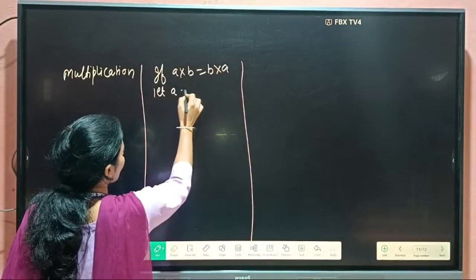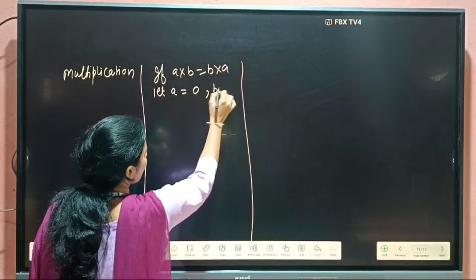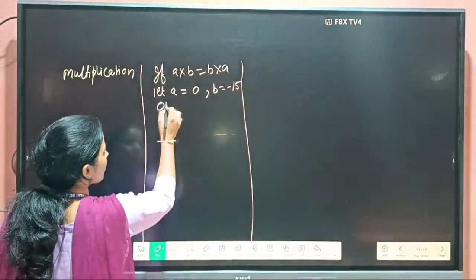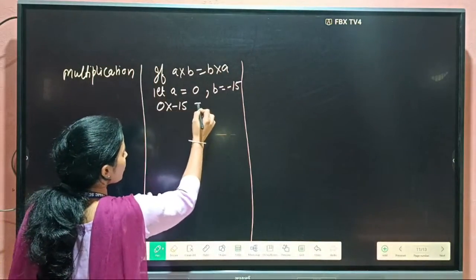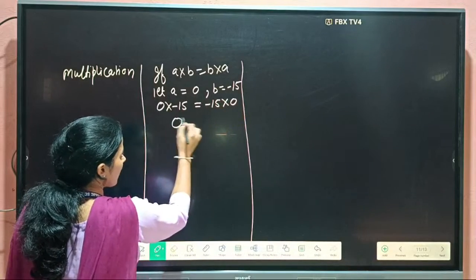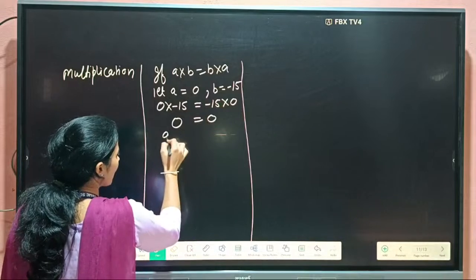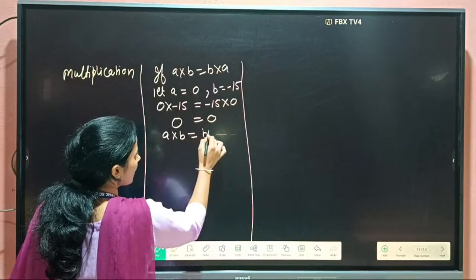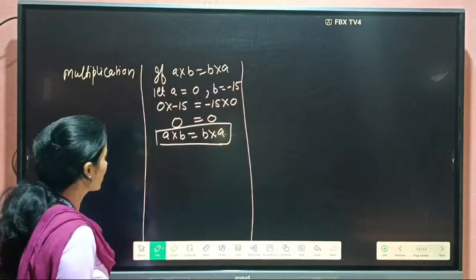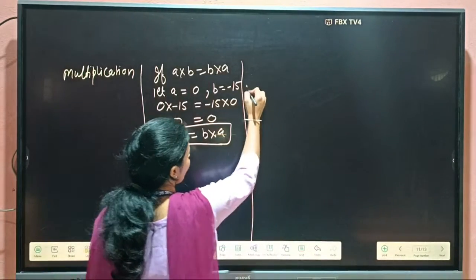Let A equal 0 and B equal minus 15. Then A into B, 0 into minus 15, must be equal to minus 15 into 0. 0 into something is 0, and the same here. We got A into B equal to B into A. It indicates that multiplication is commutative.